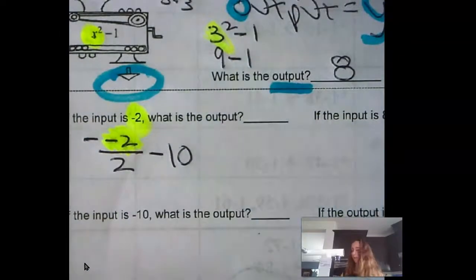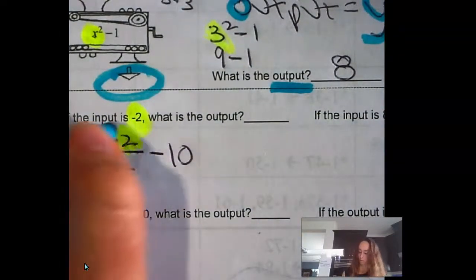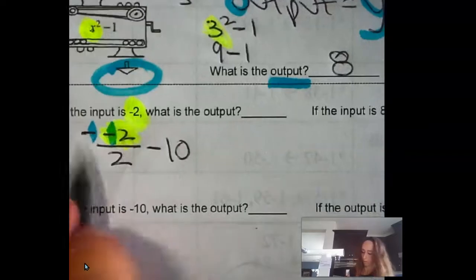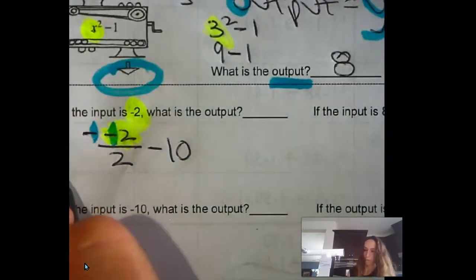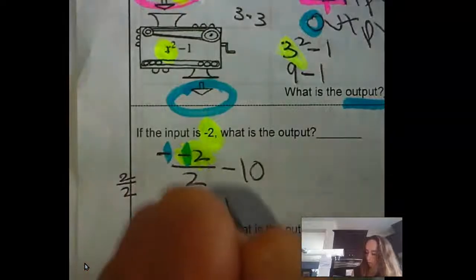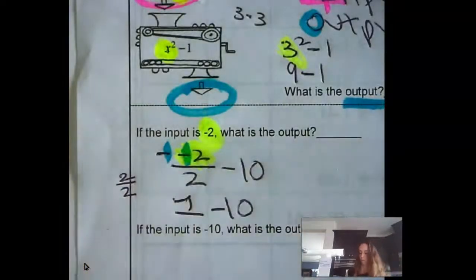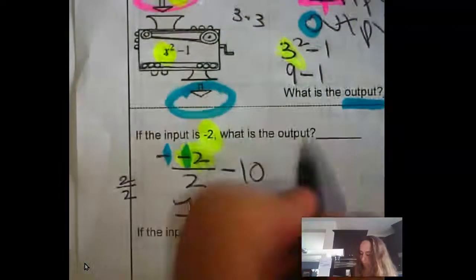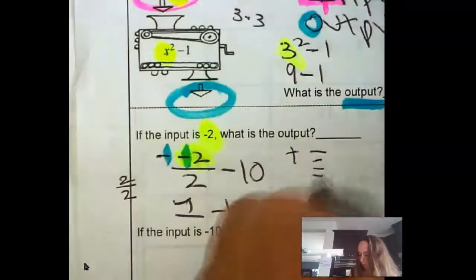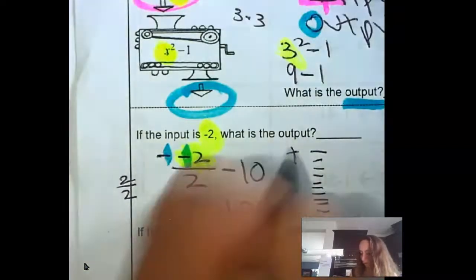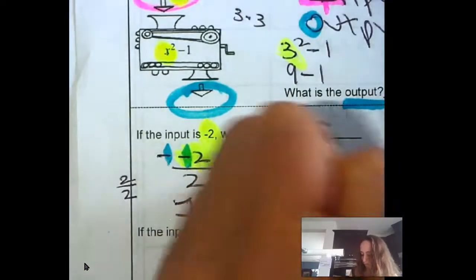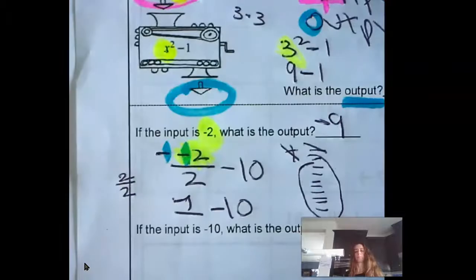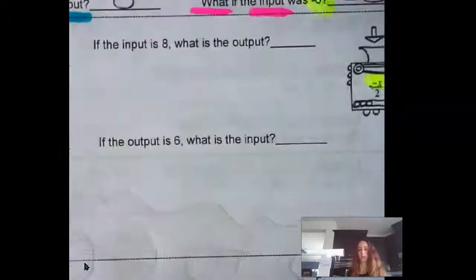A negative and a negative make a positive. So it's really 2 divided by 2, which is 1. And 1 minus 10. So we have a positive 1, 2, 3, 4, 5, 6, 7, 8, 9, 10. Negative 9.